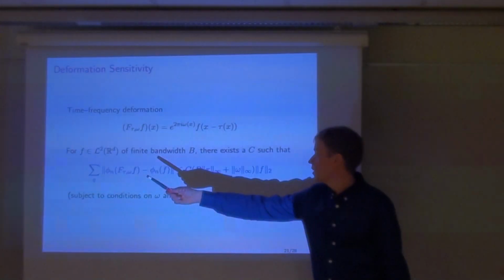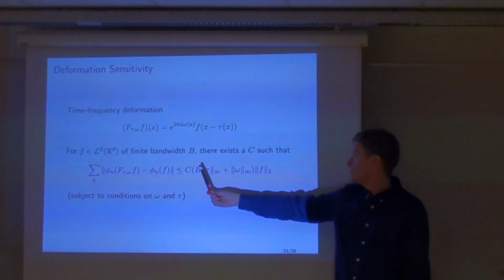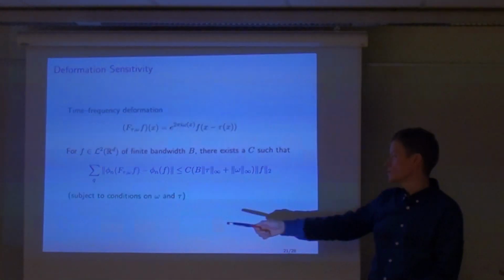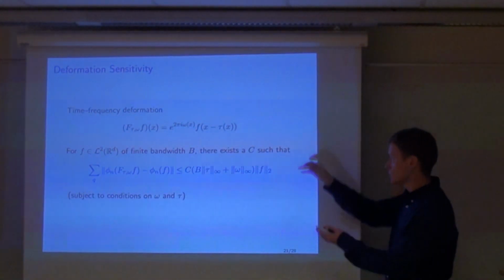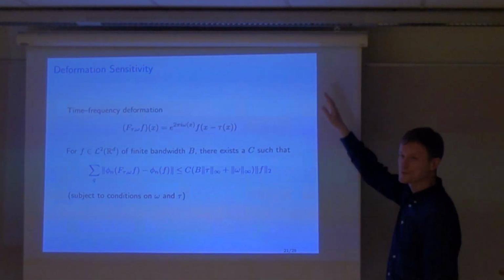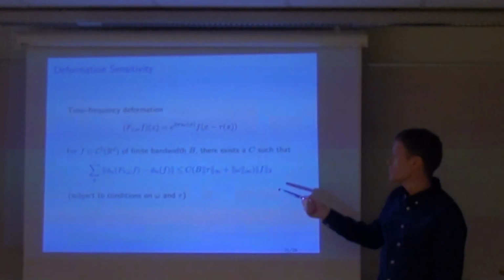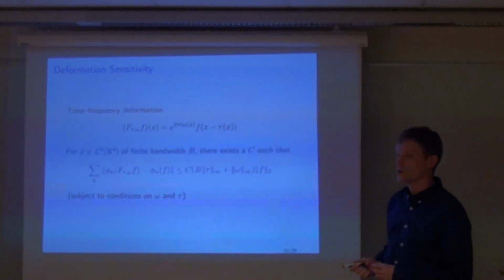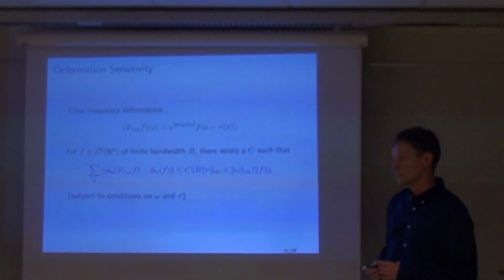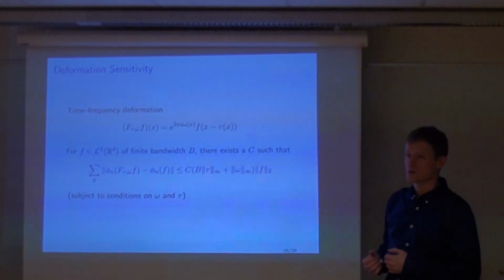And if f is of finite bandwidth b, there is a c. There are additional assumptions that I would need, I think, 2 slides to state. Then you have this kind of sensitivity or invariance or robustness result, I guess it should be called.